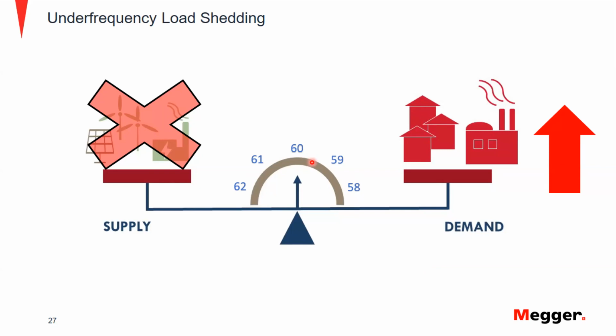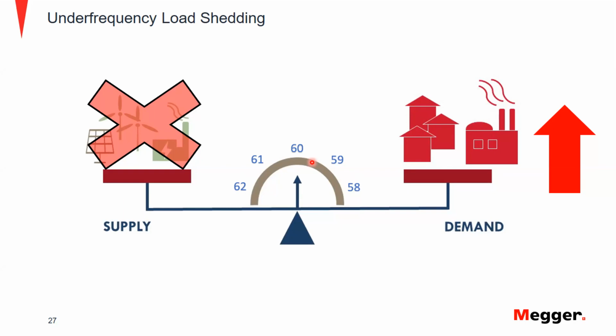That could be the first level in which we actually dump a percentage of load that's on the system. And if our frequency continues to keep dropping, then let's say we get down to 59 hertz for here in the States.